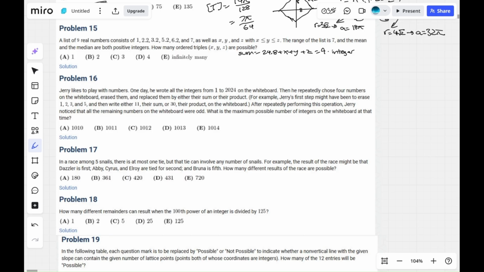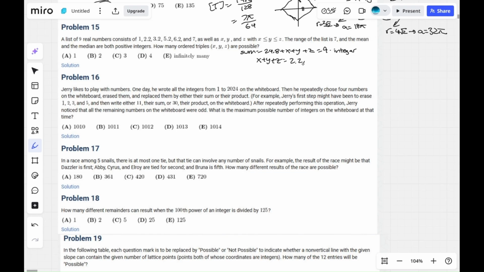Right. So the only possible values of x plus y plus z are going to be 2.2, 11.2, 20.2, and it can't be more than 20.2 because the range of the list is 7.